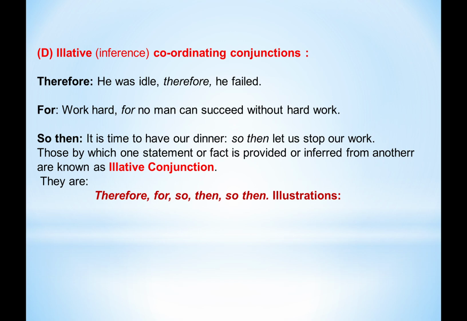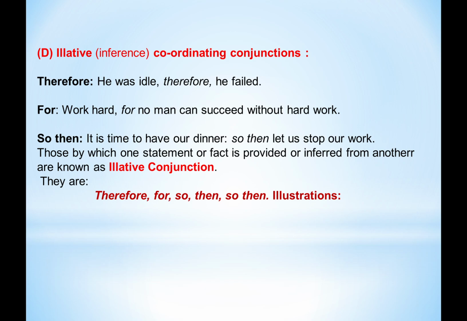Fourth type is illative, drawing inference, conclusion. Illative coordinating conjunction: Therefore: He was idle, therefore he failed. For: Work hard, for no man can succeed without hard work. For means reason, because.